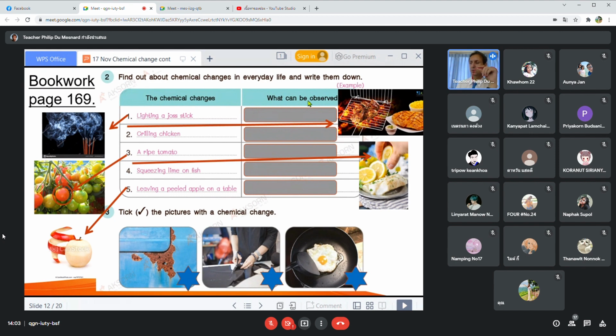Is it a change of volume? Is it a powder? What's happening when you light the stick? Class, I really want you to answer this. Even if I have to wait for a long time, I want you to answer. Just look at page 167 and tell me, what happens when you light the stick?